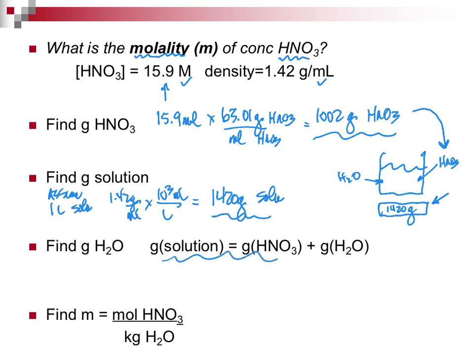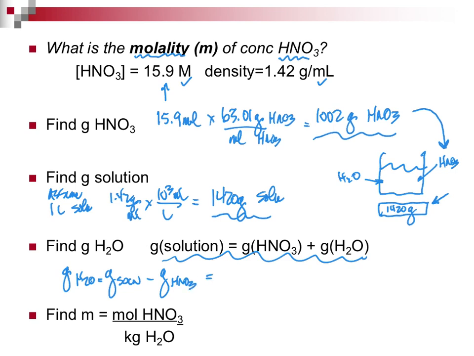So that's where I put this little equation down, and all you need to do at this point, but it is hard, I'm not going to say it's easy, okay? You just say that my grams of water are going to be equal to my grams of solution minus my grams of HNO3.